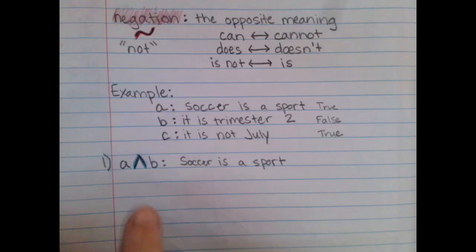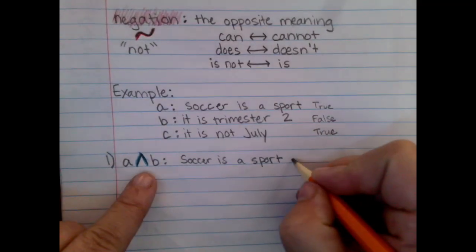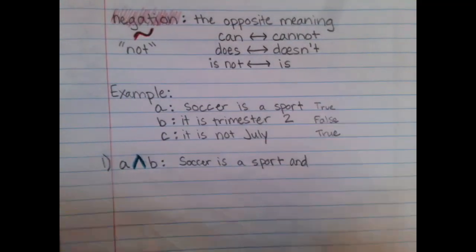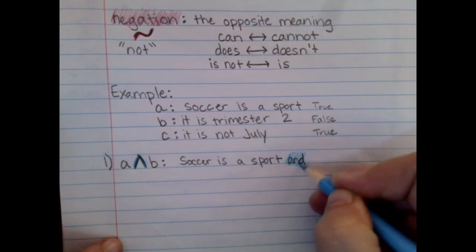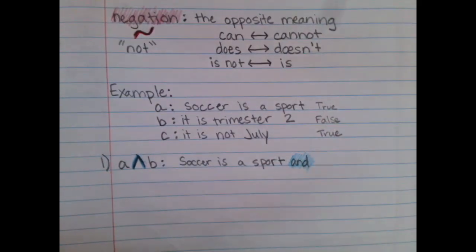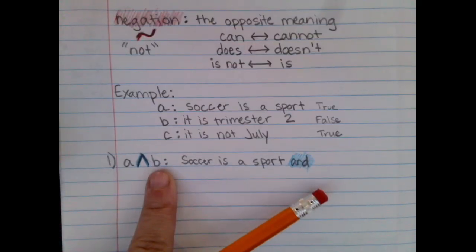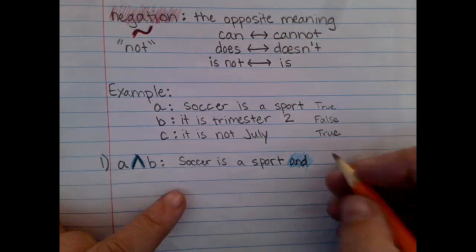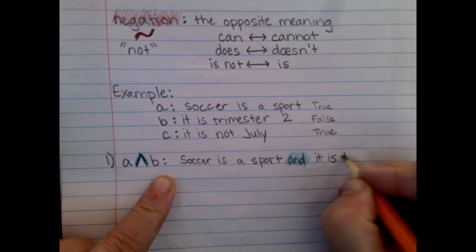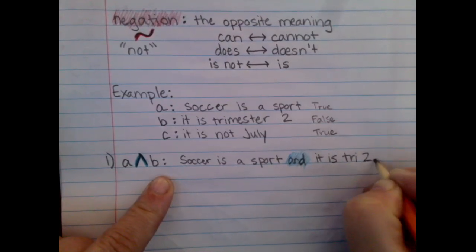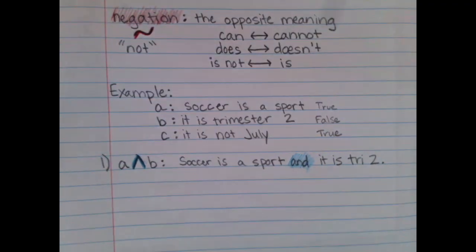Okay, that's our and symbol. So we're going to put the word and. And then we are going with statement B. It is trimester 2. So that is our overall statement that we're looking at for this first one.